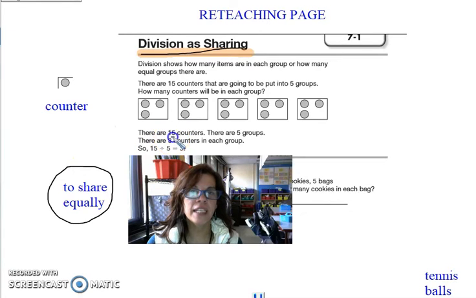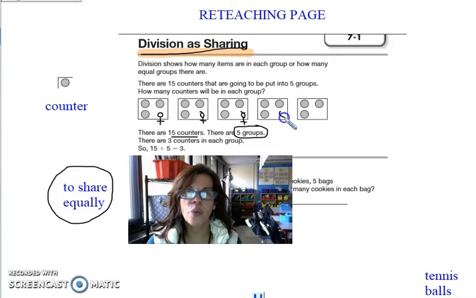There are 15 counters. So there's 15 of these. How many groups are there? There are 5 groups. You could pretend that each person has a group, kind of like our friend situation with the cookies. If that helps you, remember the sharing out strategy.